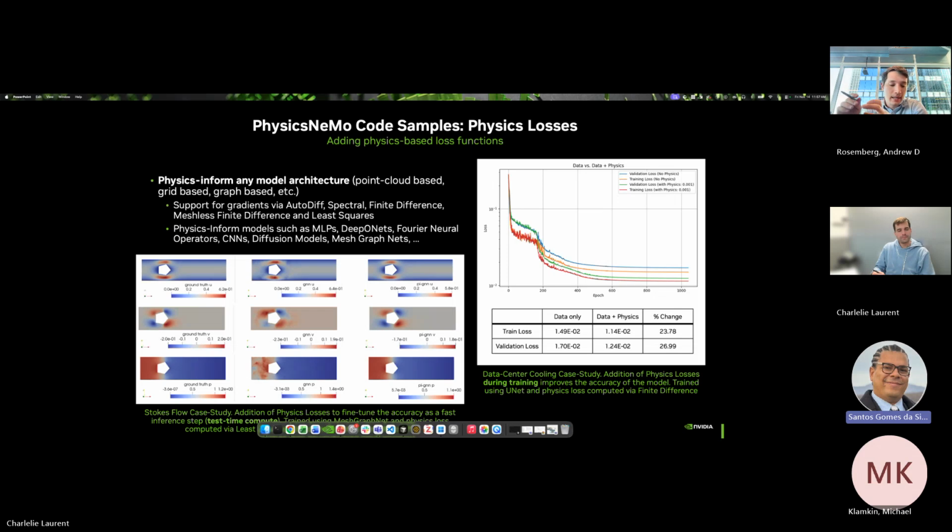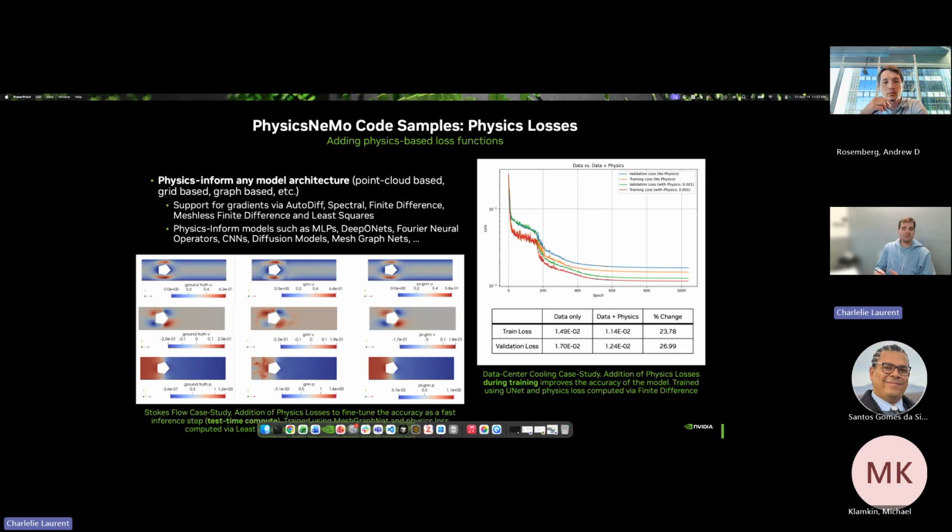And in this version, when you're talking about putting the residual of the PDE, is that like trying to match the gradients or the derivatives? Yeah, so it's not very smart, right?